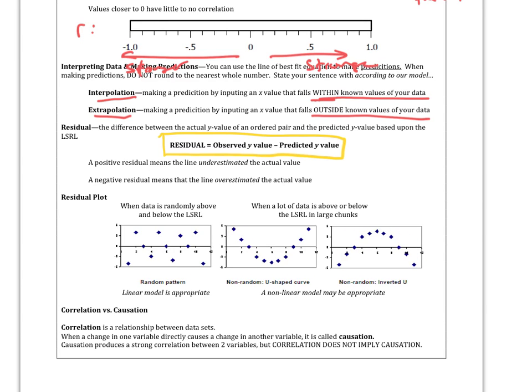And finally, we have this idea of correlation versus causation. Correlation means there's a relationship, but it's not necessarily something that's causal, meaning the first thing doesn't actually cause the second thing, but they are related. An example would be as temperature increases, so do ice cream sales.